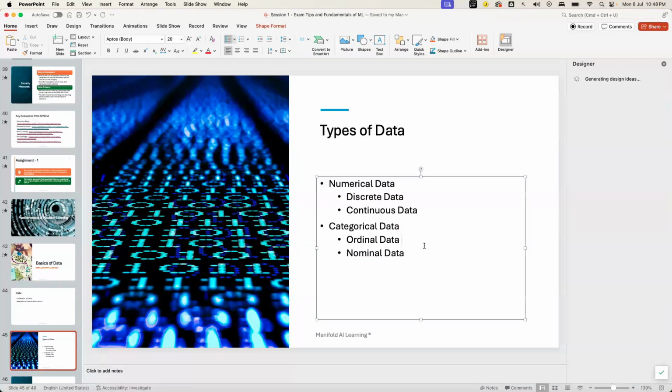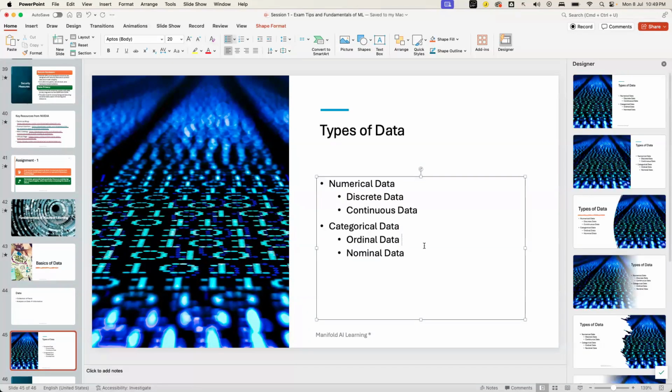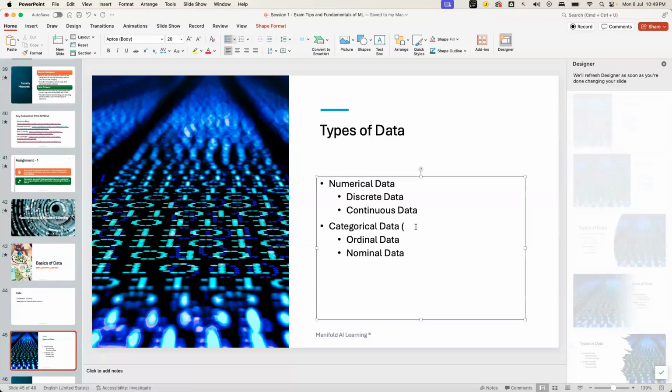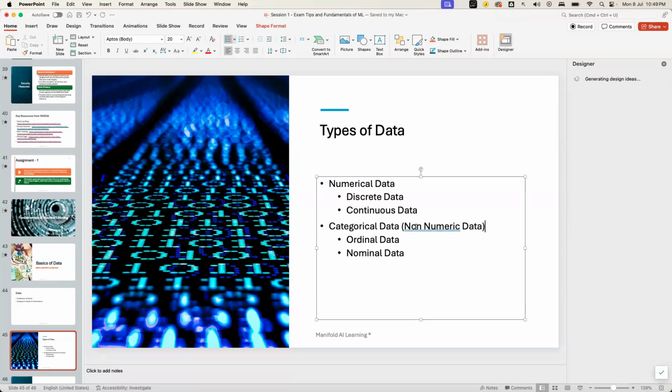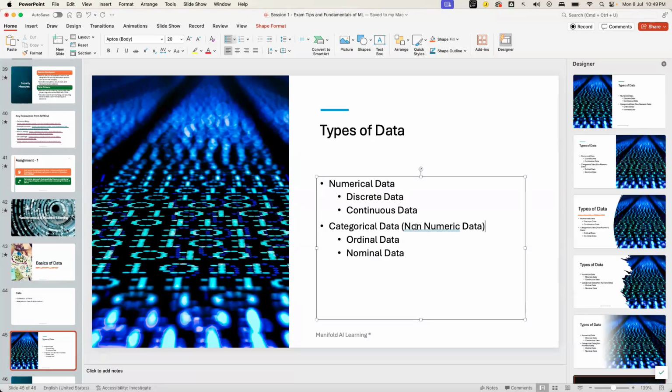First of all, let's define what categorical data is. Categorical data is non-numeric data. Examples are favorite color, nationality, gender. All these are examples of categorical data.